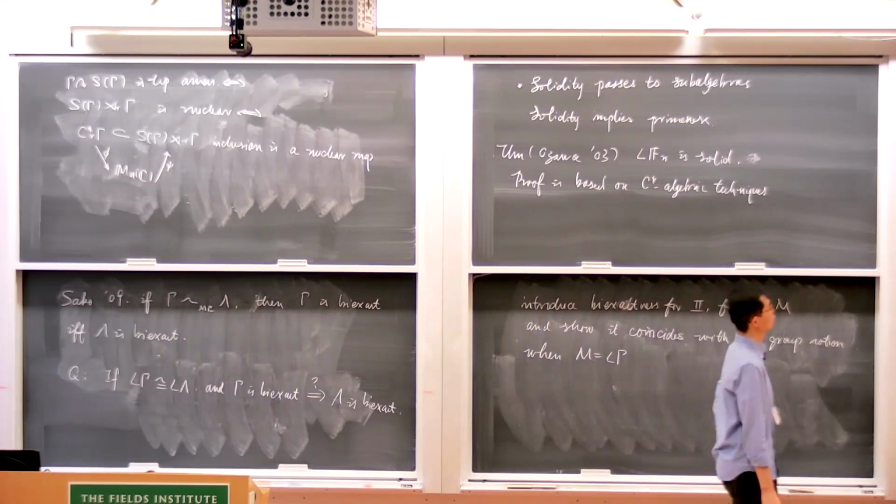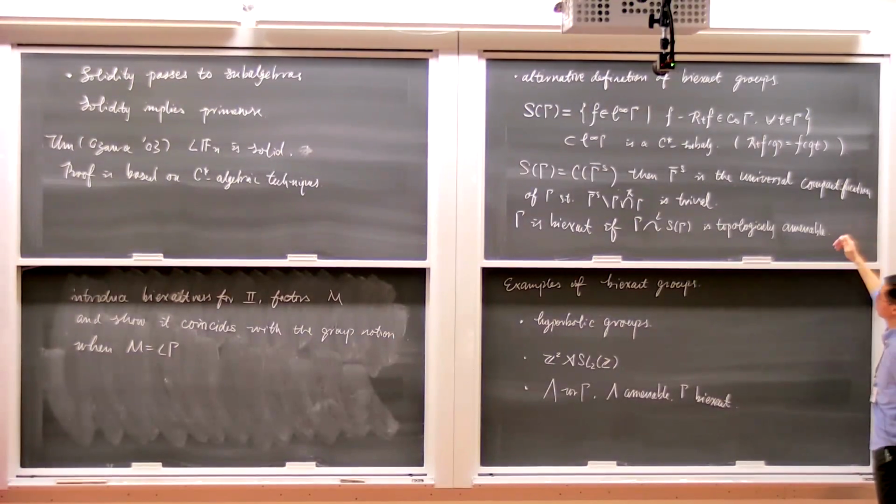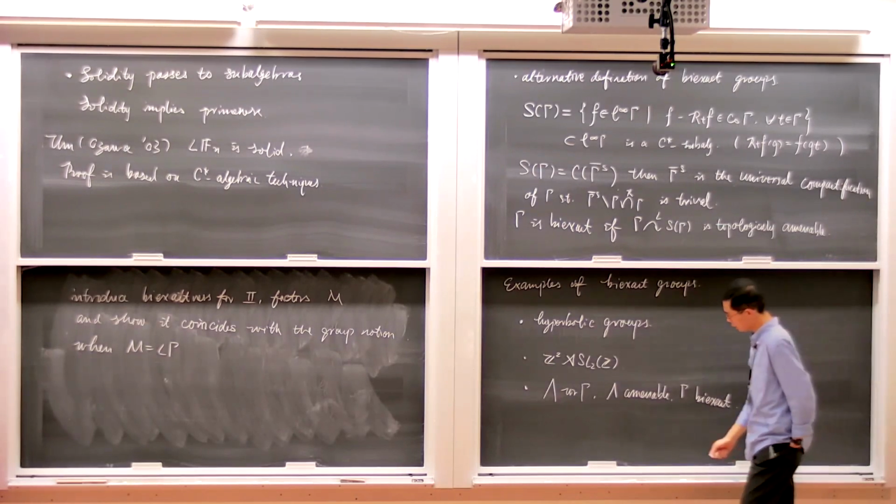Okay, so what are the things that go into the definition of bi-exact groups? We're going to take this perspective. That is, we have this C-star algebra S gamma, or you can think we have this small at infinity compactification of the group, and we're going to look at the left action of the group on this C-star algebra.